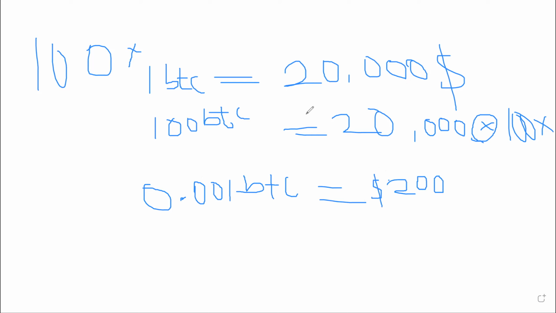This is simple mathematics. If one BTC is $20,000, then 0.001 will be both sides divided by 100. You understand? So that means 0.001 BTC is going to be $200.